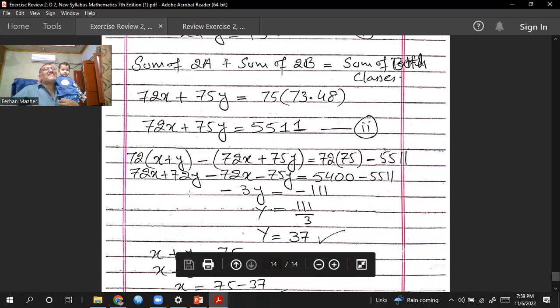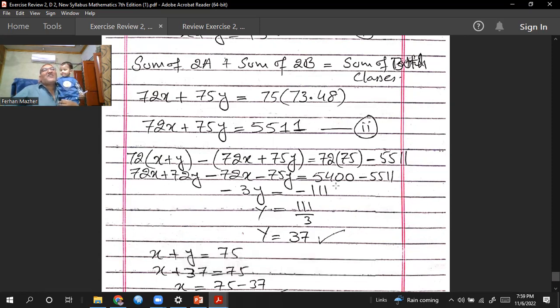So 72X plus 72Y minus 72X minus 75Y equals 5400 minus 5511. So 72X minus 72X will be cancelled. 72Y minus 75Y will be minus 3Y equals minus 111.